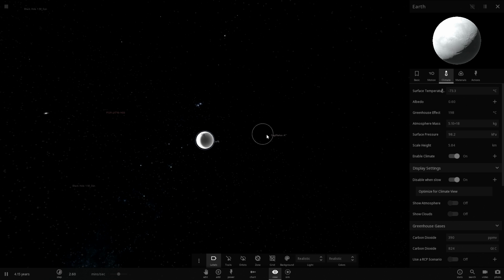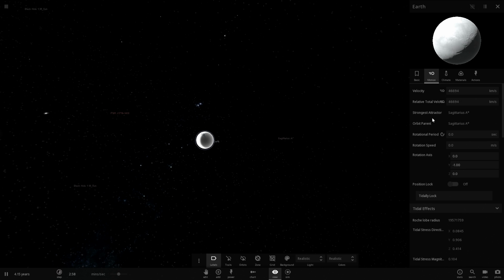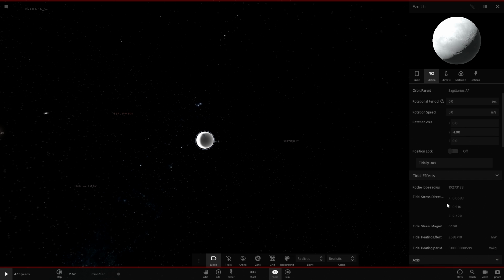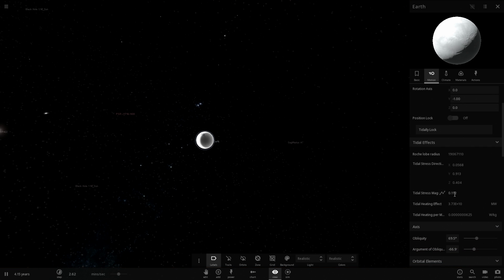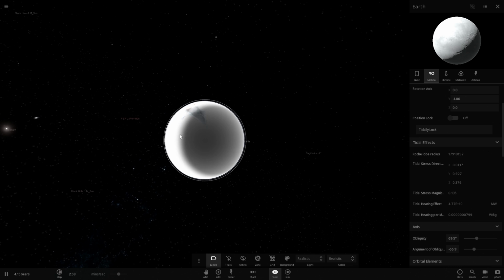And basically here, at this point, this is where the tidal effects might be strong enough for our planet to start losing materials. We're going to go into tidal stress here. You can see it's almost at 0.1, and it's still increasing. If it ever reaches 1, this is when we start losing things.